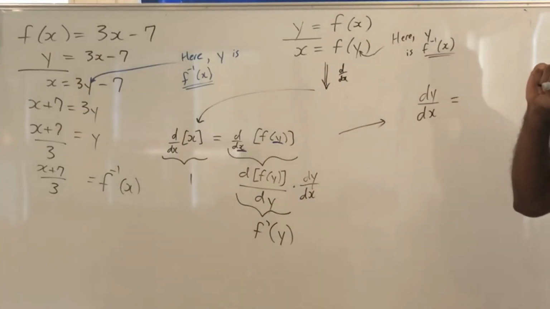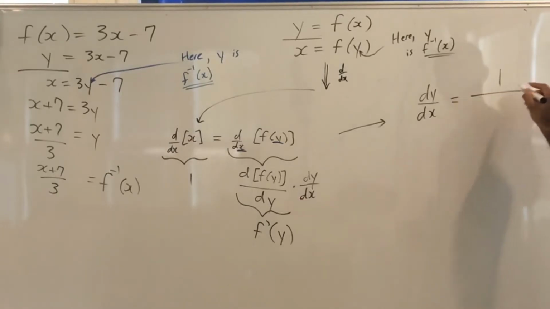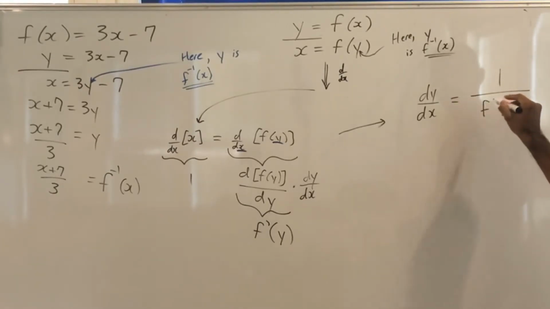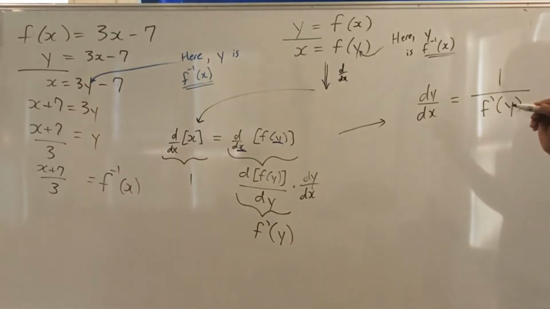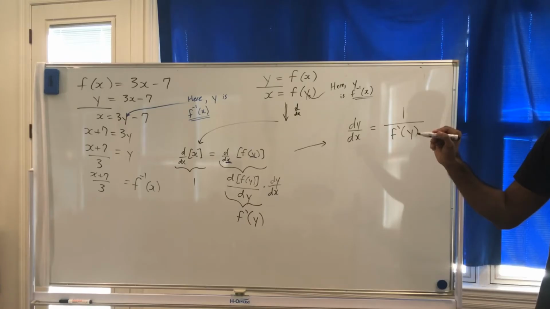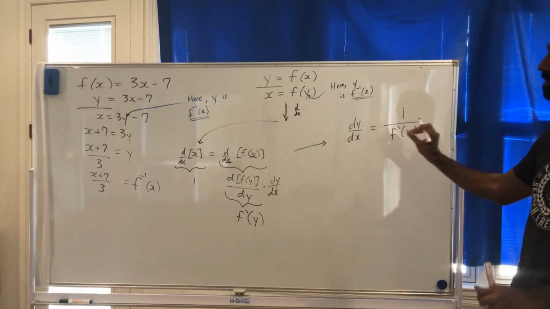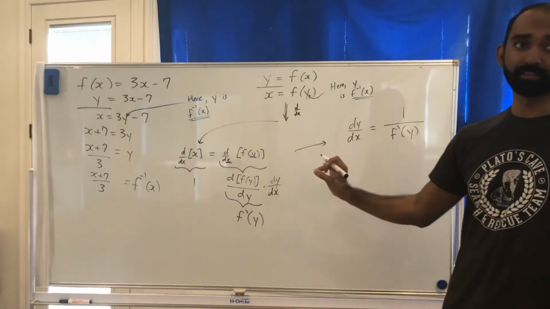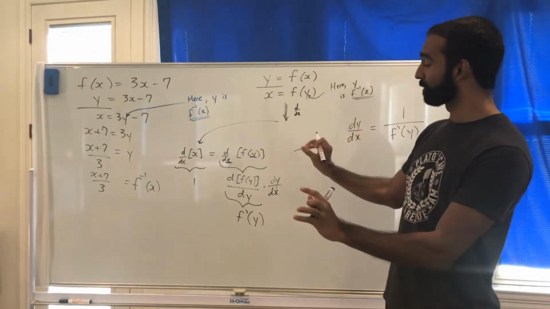Divide both sides by f prime of y, so it's going to be 1 over f prime of y. Okay. We good so far? It's just a lot. Yeah, I mean, the worst thing about this, y'all, is the notation. But the concepts are really basic and bare boned.